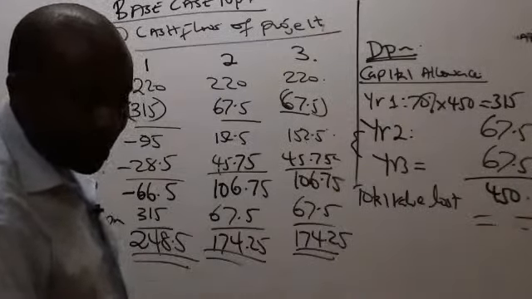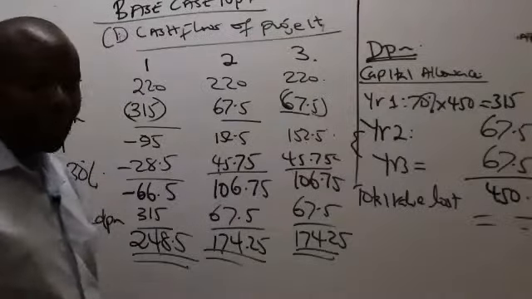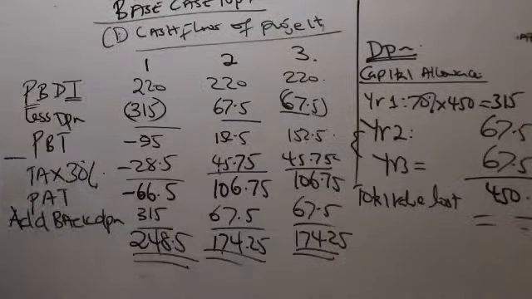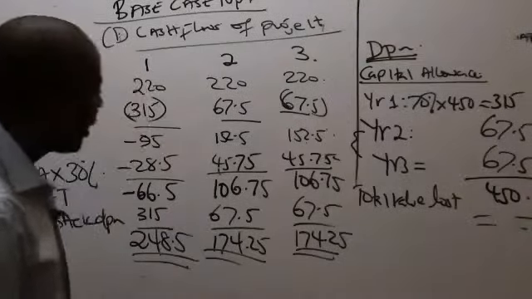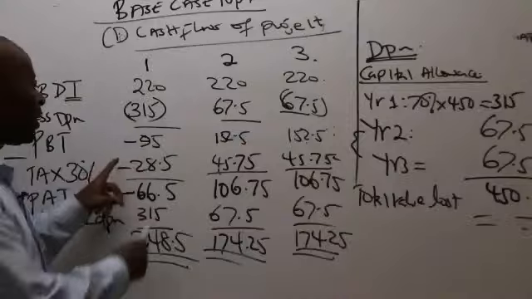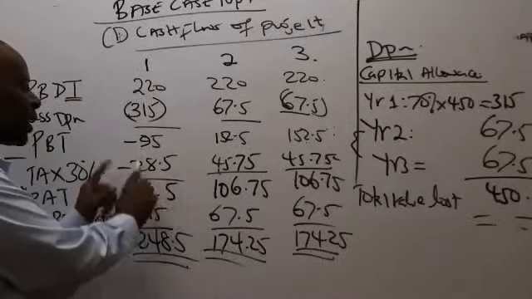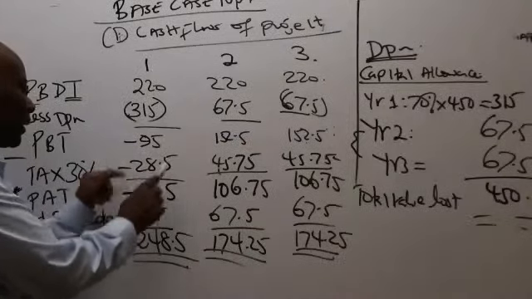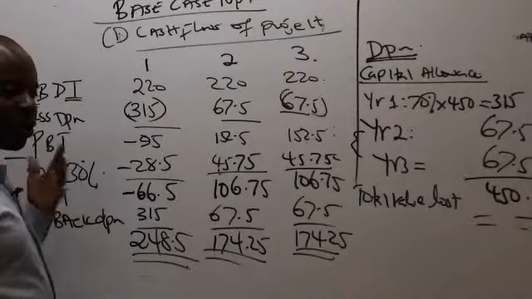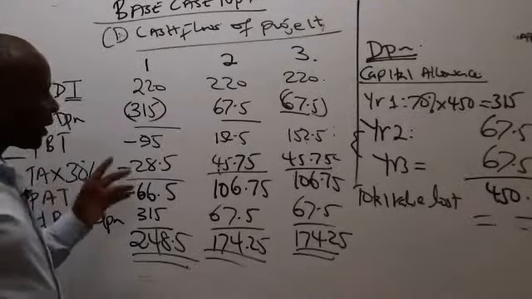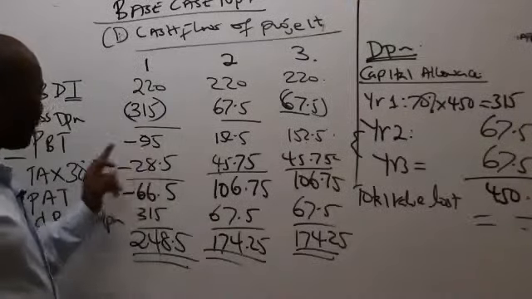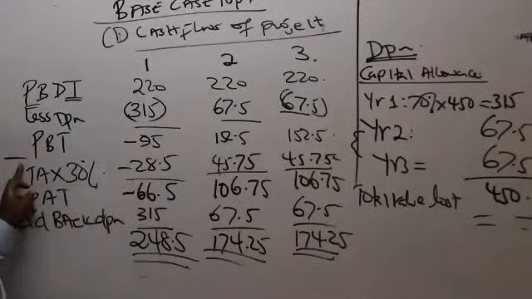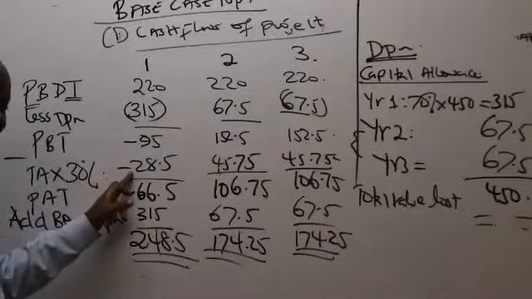According to Faith, year one is supposed to be minus 123.5, and I know why. It's because Faith, my sister, you forgot that this is taxation that is supposed to be deducted. It's supposed to be like a benefit to us. So as I press this in my calculator, I'll take minus 95 minus this minus here, and the figure itself is negative.